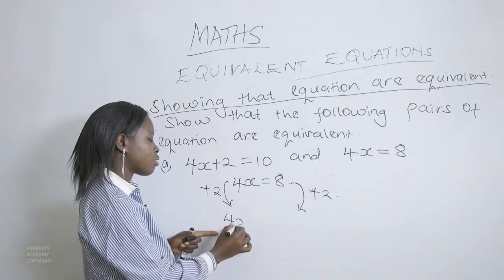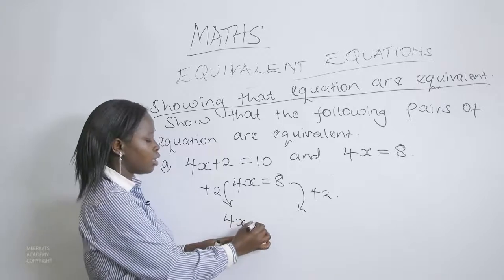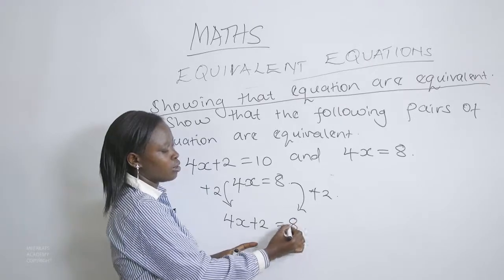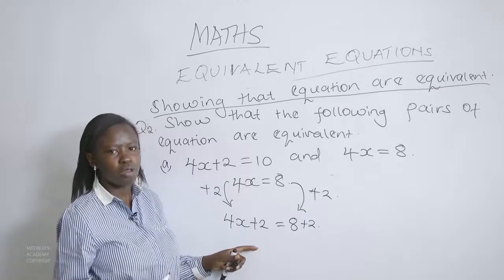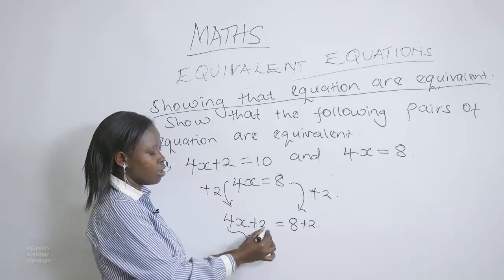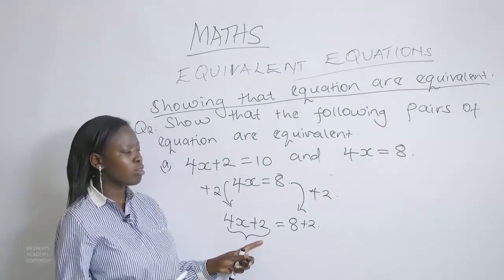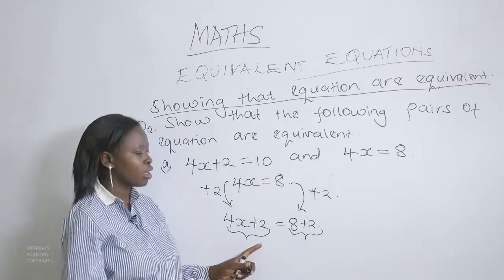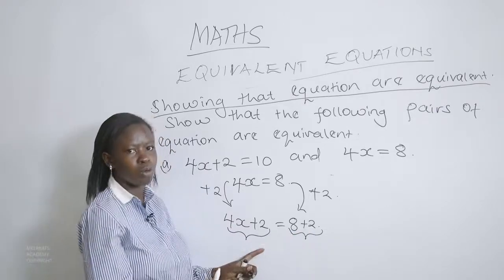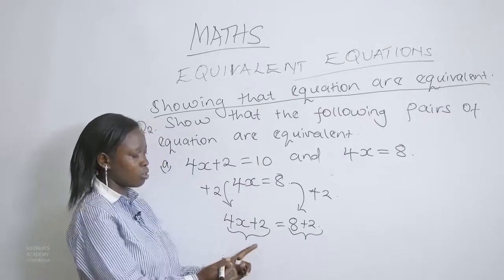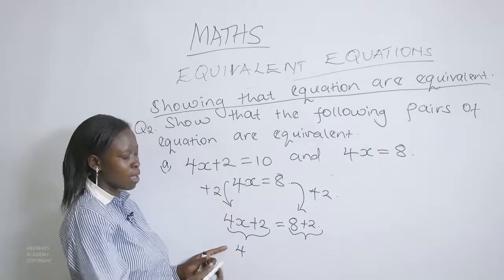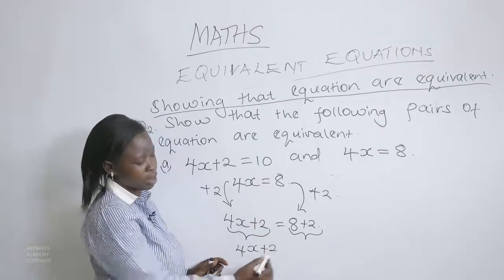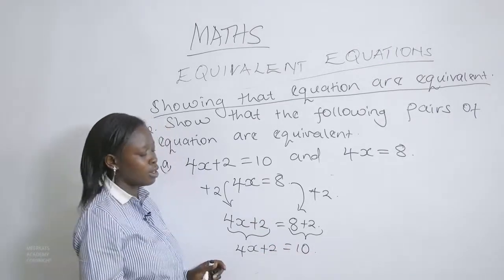So I have 4x on the left hand side, I'm adding 2, so 4x plus 2 is equal to 8 plus 2. On the left hand side, 4x and 2 are unlike terms, but on the right hand side 8 and 2 are like terms, so I can simplify, so that 8 plus 2 will give us 10. So we obtain 4x plus 2 is equal to 10.